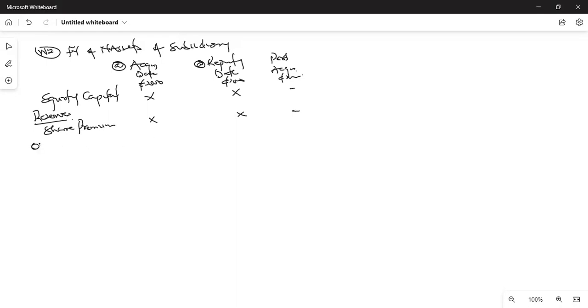We talked about other equity components, a typical example being our revaluation surplus. And we have some movement on that. We come to our almighty retained earnings, which will always show movement.